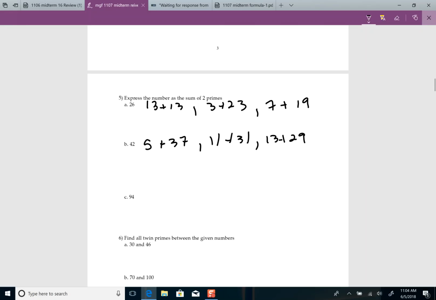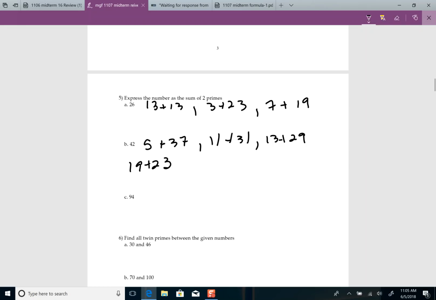So maybe you guys can kind of see what I'm doing here. I just kind of start rolling through prime numbers and see if things work or not. So let's try this one, 19 and 23.